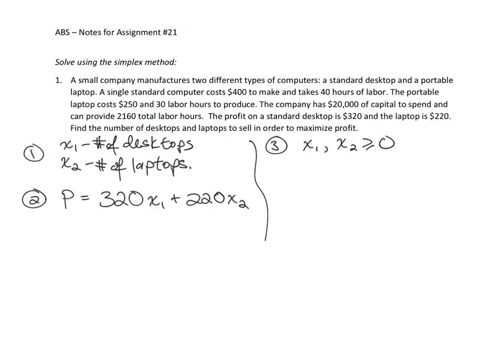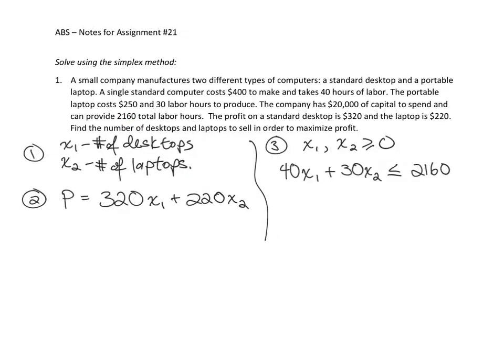So we can have a labor inequality. It would take 40 hours for each desktop, so 40 times x sub 1 plus 30 hours for each laptop, and that will be less than or equal to the total number of hours available, which would be 2,160 hours.